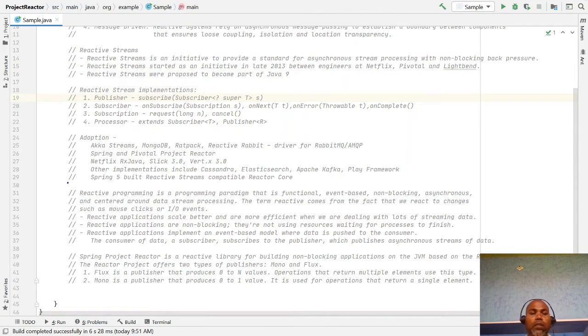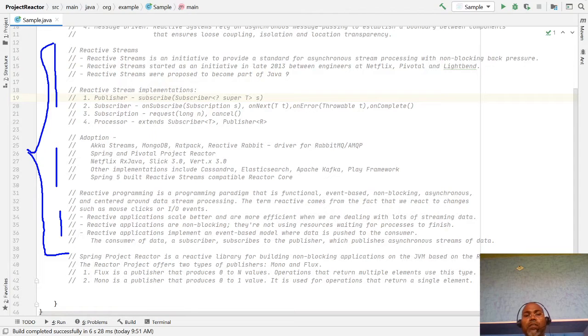So these are the basics of the reactive stream specification, the way reactive systems are designed, and the benefits we get from reactive systems.